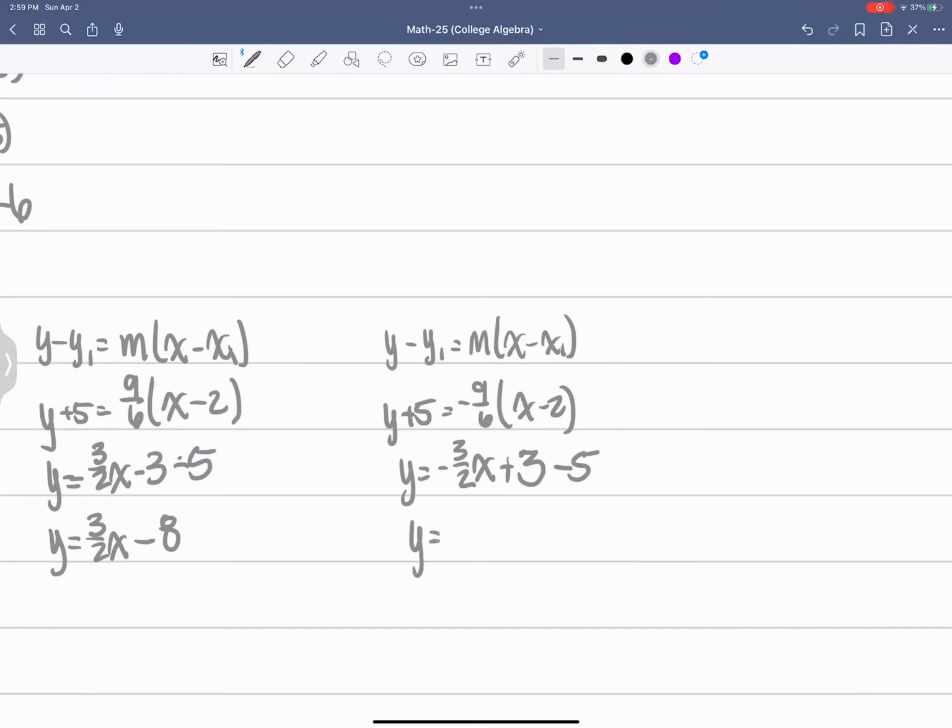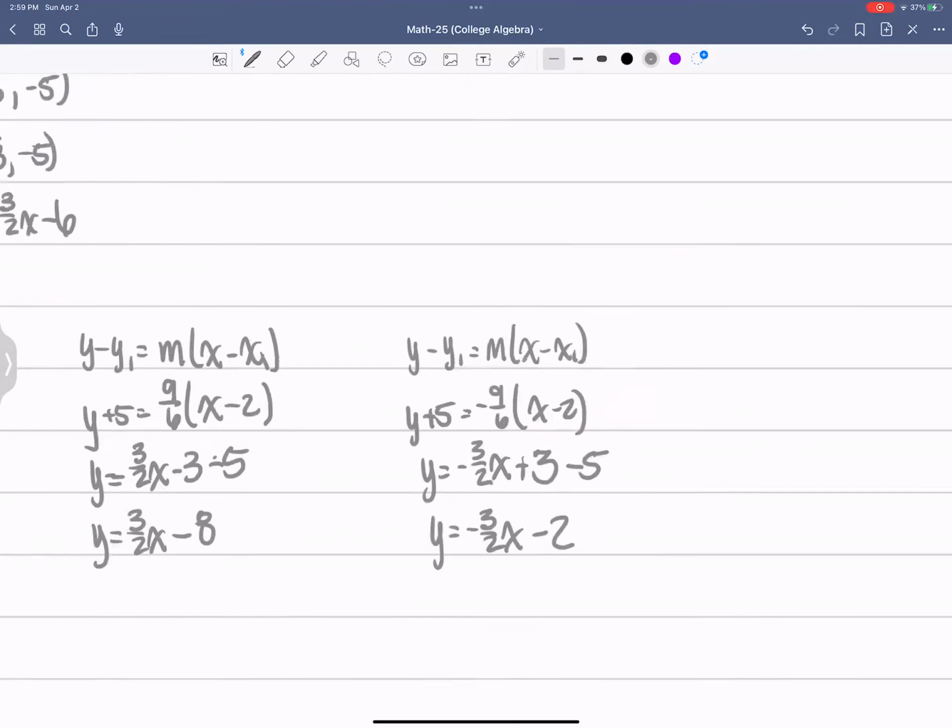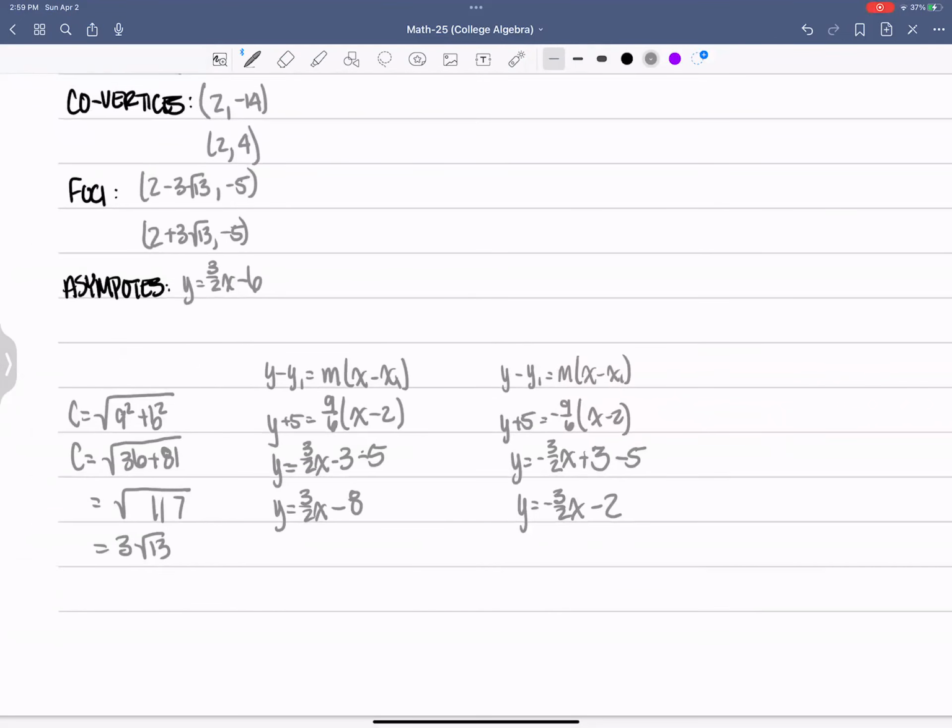So the other equation is y is equal to -3 over 2x minus 2.